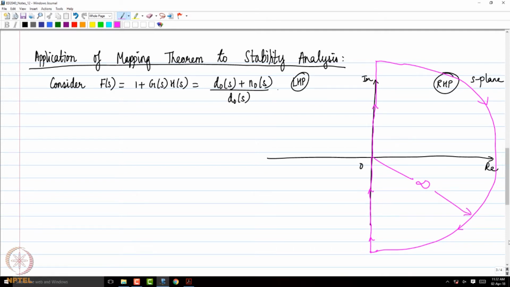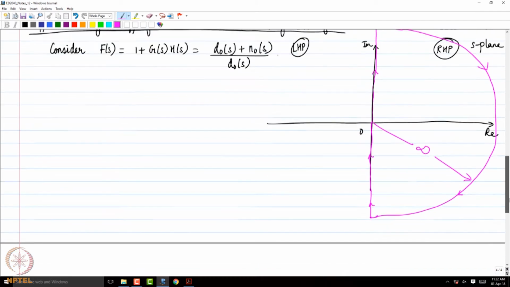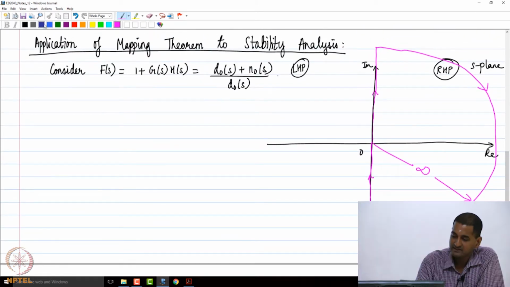So my closed contour in the S plane is a semicircle of infinite radius that essentially covers the entire right half complex plane. First let me convey the concept, then we will discuss any questions.